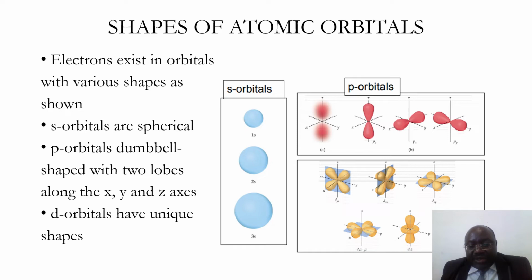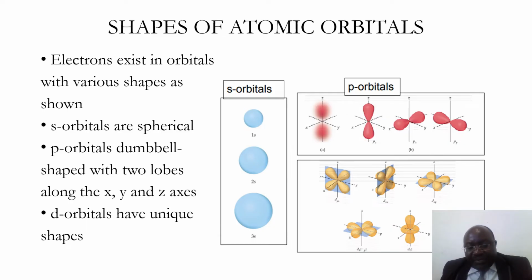When it comes to d orbitals, the d orbitals have unique shapes, and these unique shapes normally give us planes in which the electrons will be most likely expected.